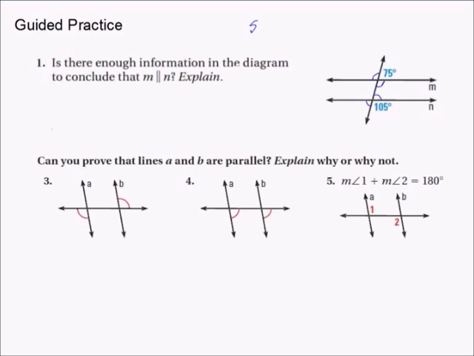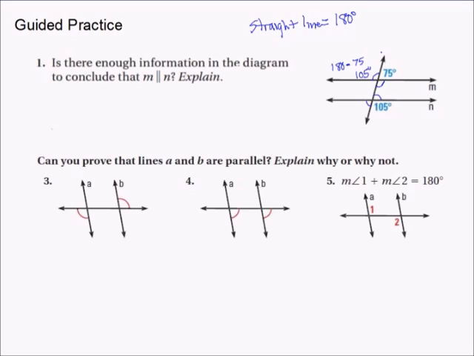So remember, a straight line means what? It means 180 degrees. So look at this line right here. Step one would be, let's figure out this one right here. If we know that a straight line has to be 180 degrees, then we know that this angle right here has to be 180 minus 75, or 105.